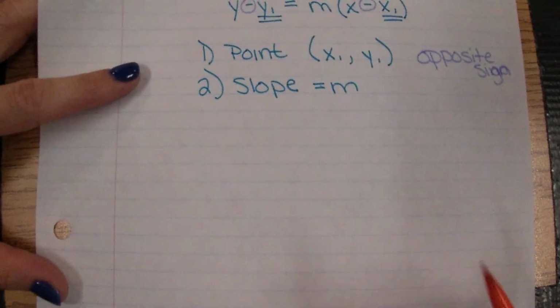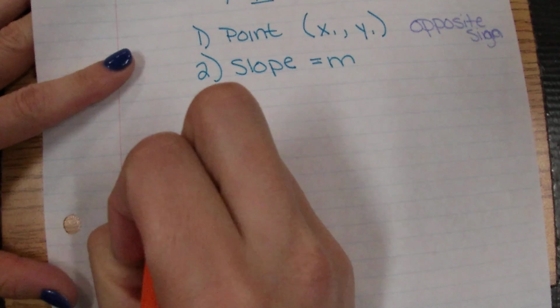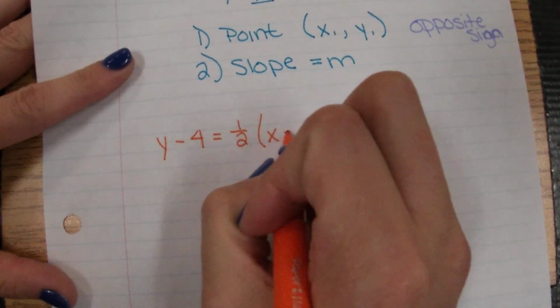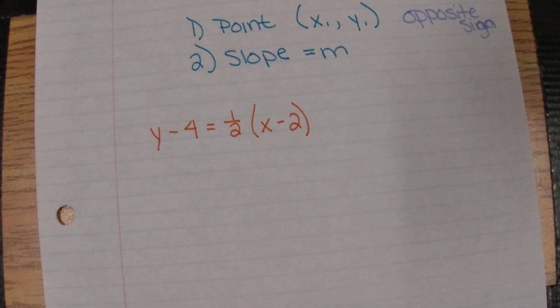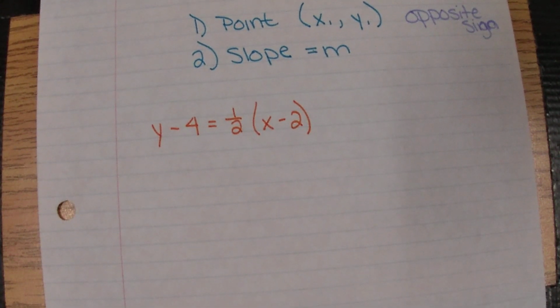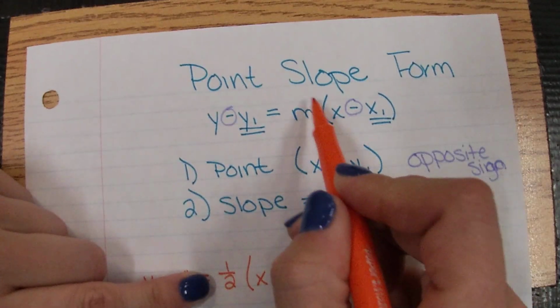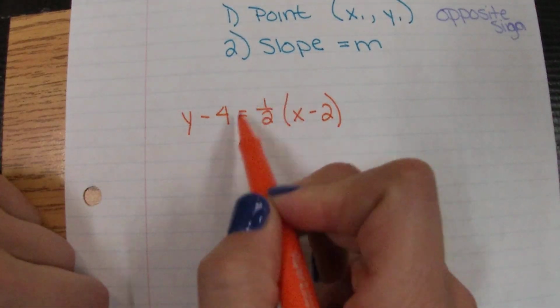Okay, so let's say we're given y minus 4 equals 1/2 times x minus 2. Okay, the two things that we can find are a point and a slope. The slope is the pretty straightforward one, right? Slope is what's sitting in this m position right in front of the parentheses.